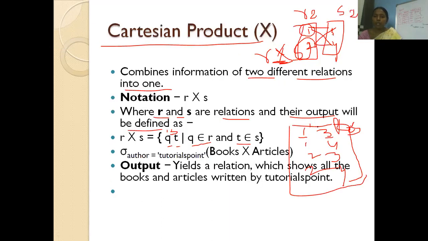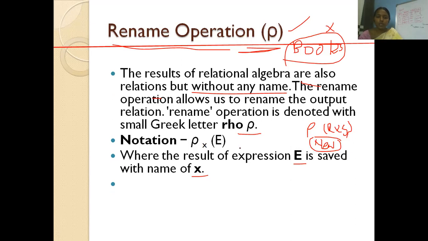So here the table name becomes new. Right? Understood? So this is the operation. This is the rename word. It is an X. X means any name you can give to the new table. The name of the result table we are specifying here. So this is the rename operation.